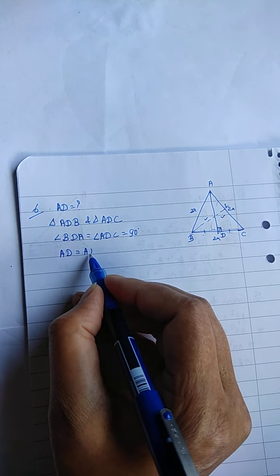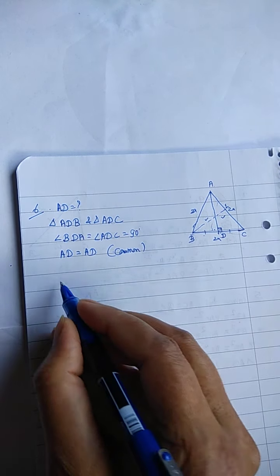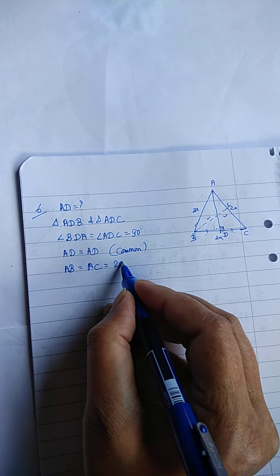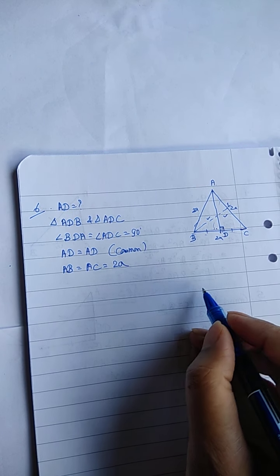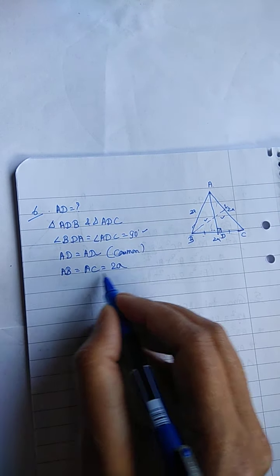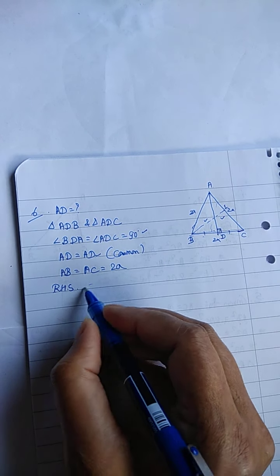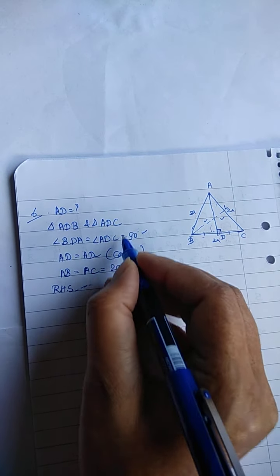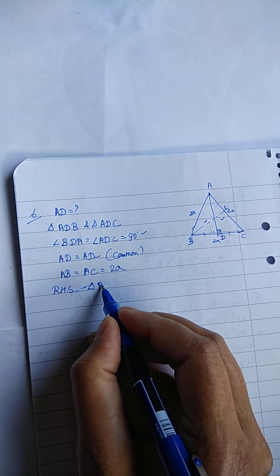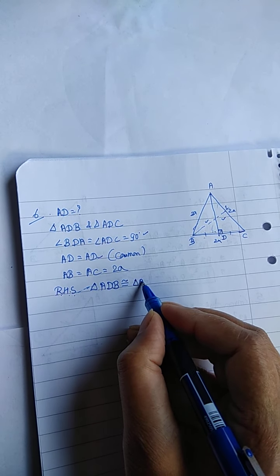So AD equals to AD, which is common, and AB equals to AC as 2A, because this is an equilateral triangle. So one angle is 90 degree, the hypotenuse is equal, and one side is equal. So according to the RHS criteria, these two triangles are congruent, triangle ADB is congruent to triangle ADC.